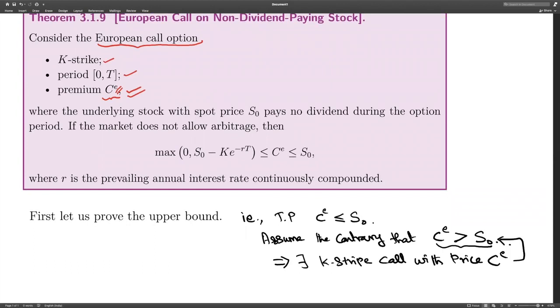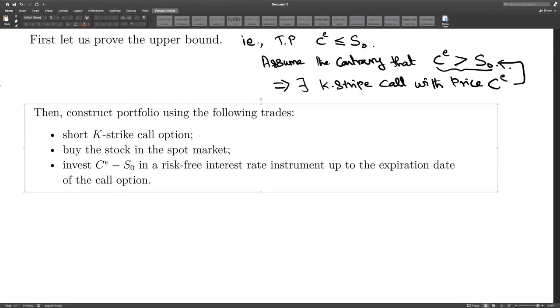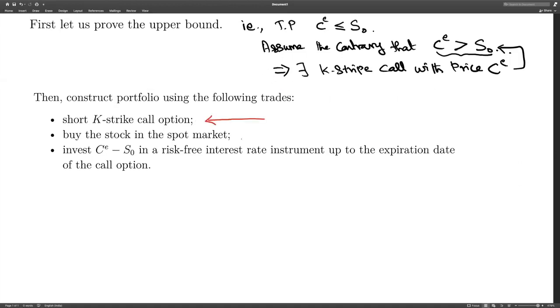So to build an arbitrage portfolio, we do the following trades. What you do is you short the K strike call option and buy the underlying stock in the spot market. So when you short the K strike call option, you will get rupees CE as the premium from the buyer of that option, because you are just selling it.